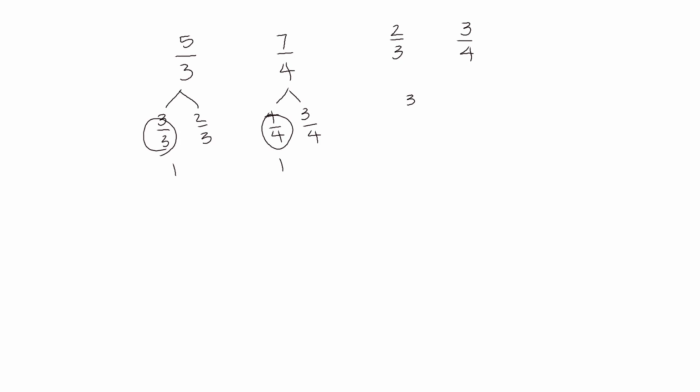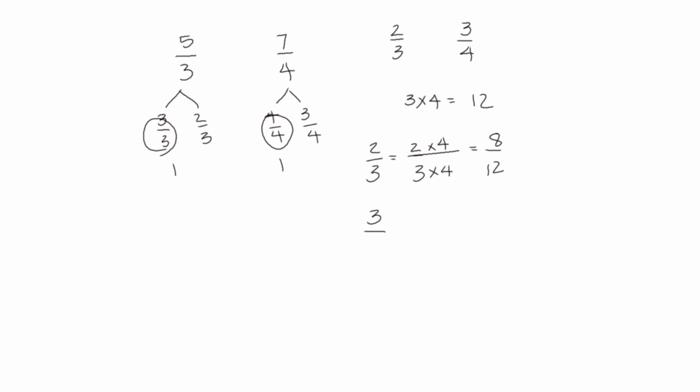and we multiply the denominators, we get 12. So we're going to decompose 2/3 into 12ths. So to get 12ths, we're going to need to decompose both the numerator and the denominator by 4, and we get 8/12ths.